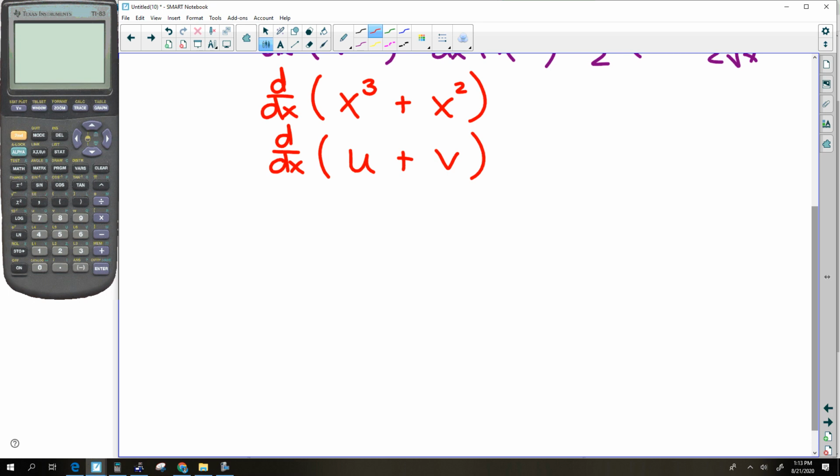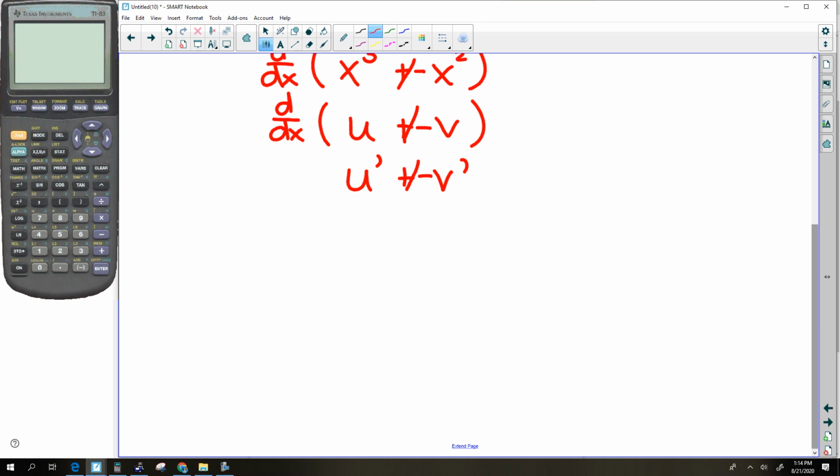So u is x to the third, v is x squared. What it is is just the derivative of whatever the u and v is added up. So addition doesn't affect it. Subtraction doesn't affect it. Okay? Now, multiplication and division, though, play by a different rule.